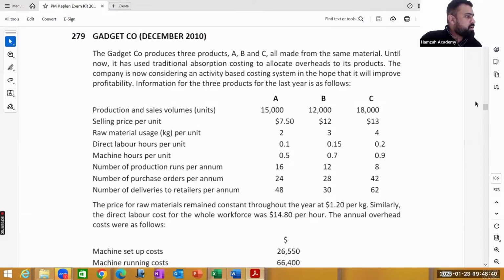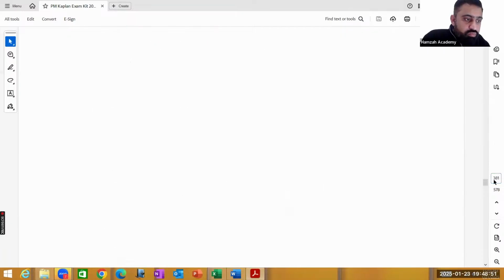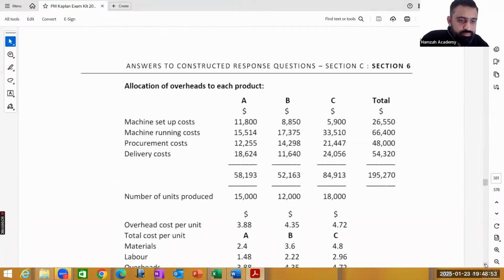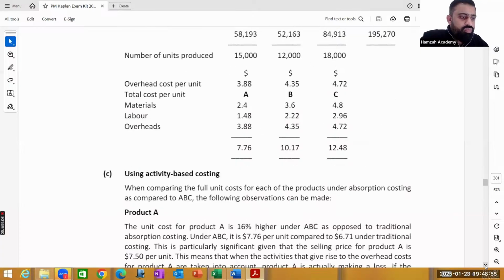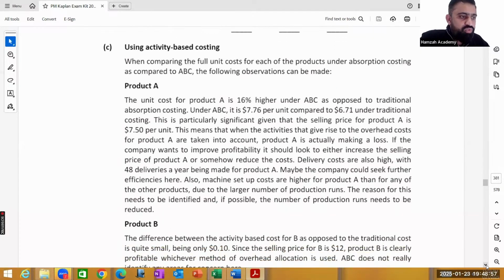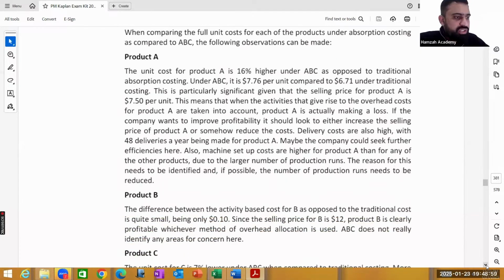So we can see here as well, for product A, the unit cost is 16% higher under ABC as opposed to absorption costing.